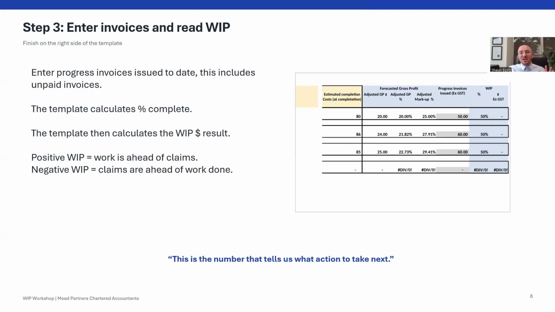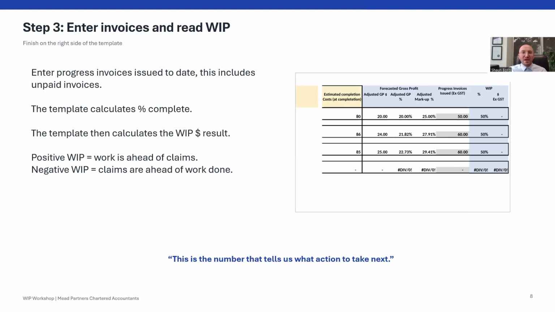We see negative WIP with 9 out of 10 jobs from all the builders that we work with, mainly due to contracts being front-loaded to cash flow a job. Where this normally causes trouble is when the funds from a new job are used to fund and/or finish an existing job.